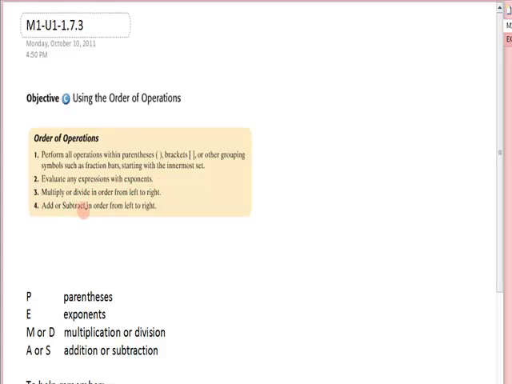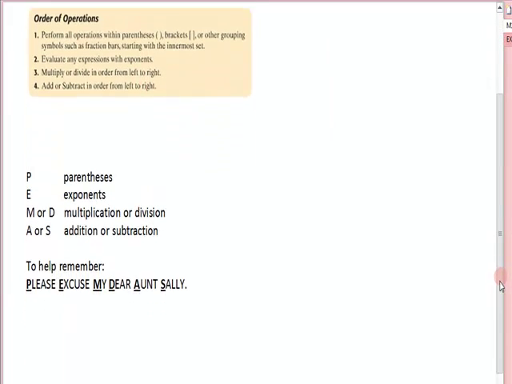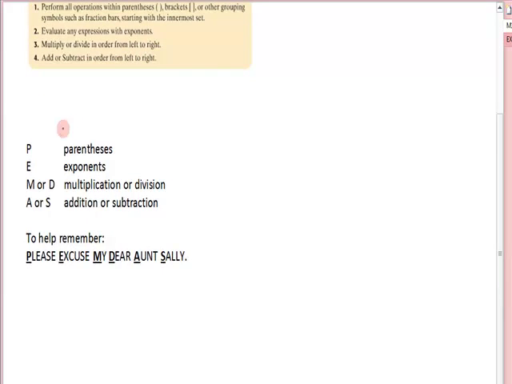Add or subtract in order from left to right. Okay, let's summarize that. In the list of what order do I do operations, parentheses is first, exponents second, multiplication or division as I see them from left to right, addition or subtraction.